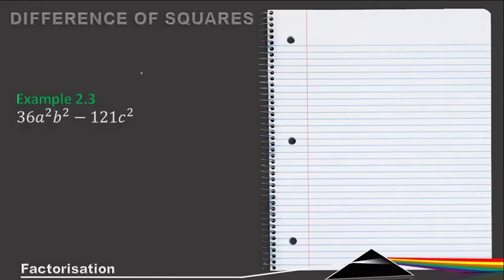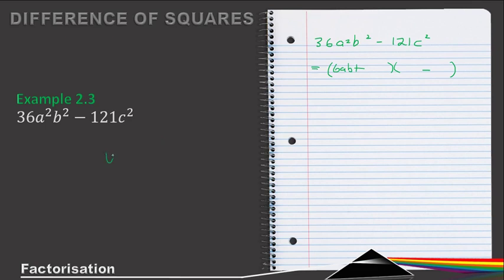Example 2.3. All right, so now we have 36a squared b squared minus 121c squared. We've got two terms, a negative in between them, and both of these terms are perfect squares. So I open my two brackets, and I have a plus and a minus, and then the square root of 36 is 6, and then we've got the a and b.